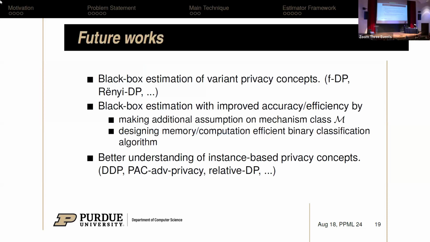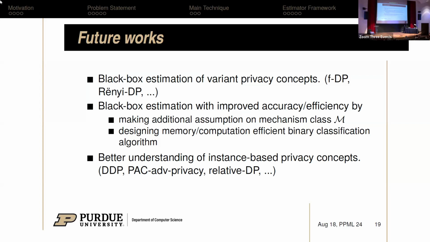For future work, one way is to do black-box estimation of variant privacy concepts. Some of these are easy to extend, but others enjoy some non-trivial challenges like f-DP. I'm quite interested to see how they develop. Another line of work is black-box estimation with improved accuracy and efficiency.